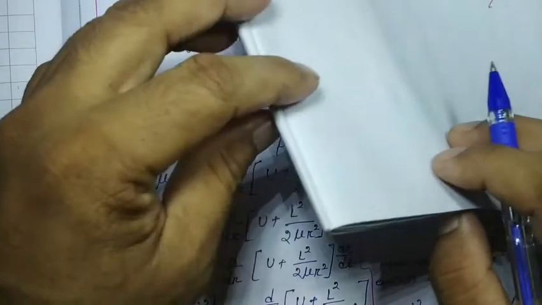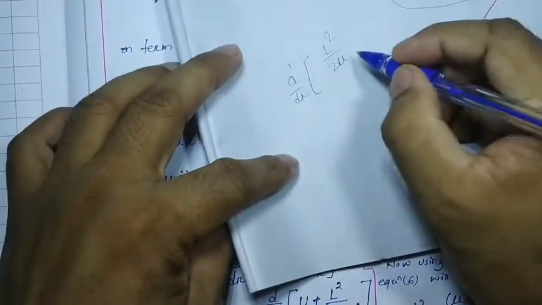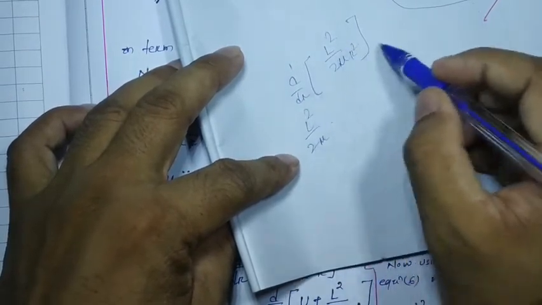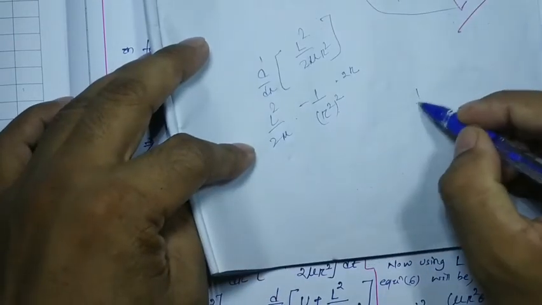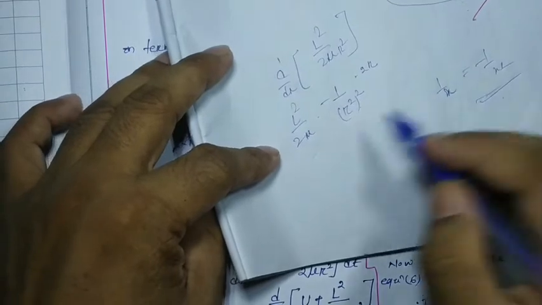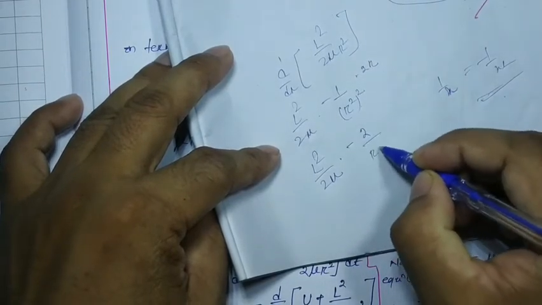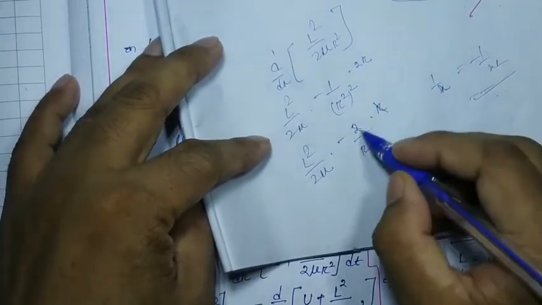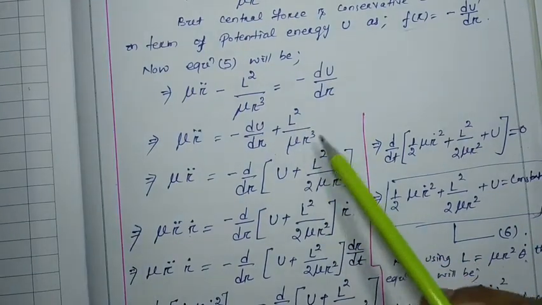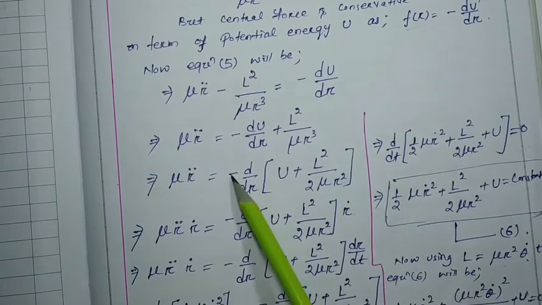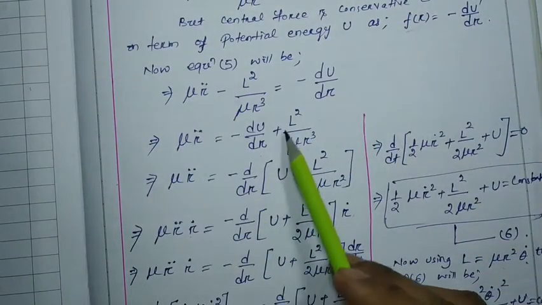The second term was d/dr of L²/2μr². L²/2μ is constant, and the derivative of 1/x² is minus 2/x³. So L²/2μ into minus 2 by r³, the 2 gets cancelled, and we find L²/μr³. Here there is a minus sign, so it will be plus.